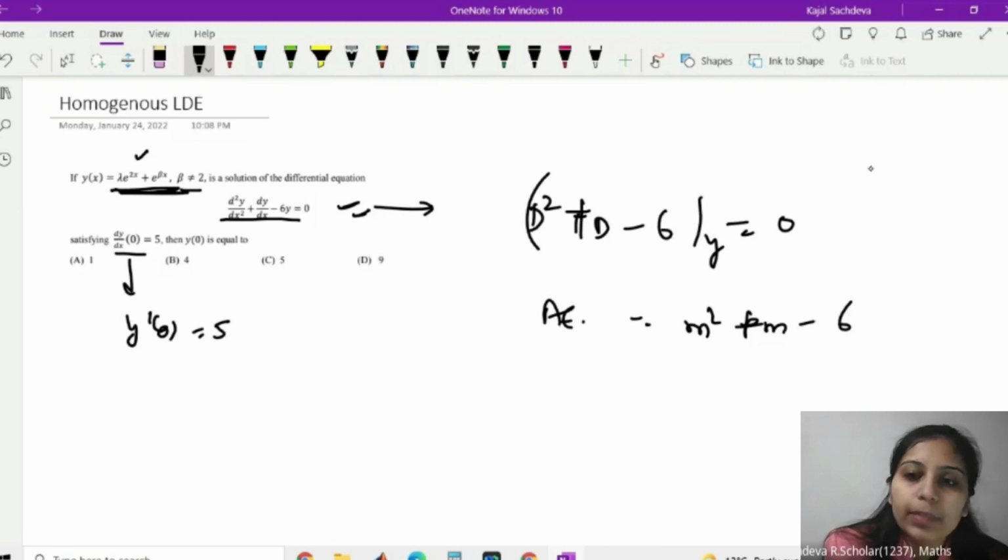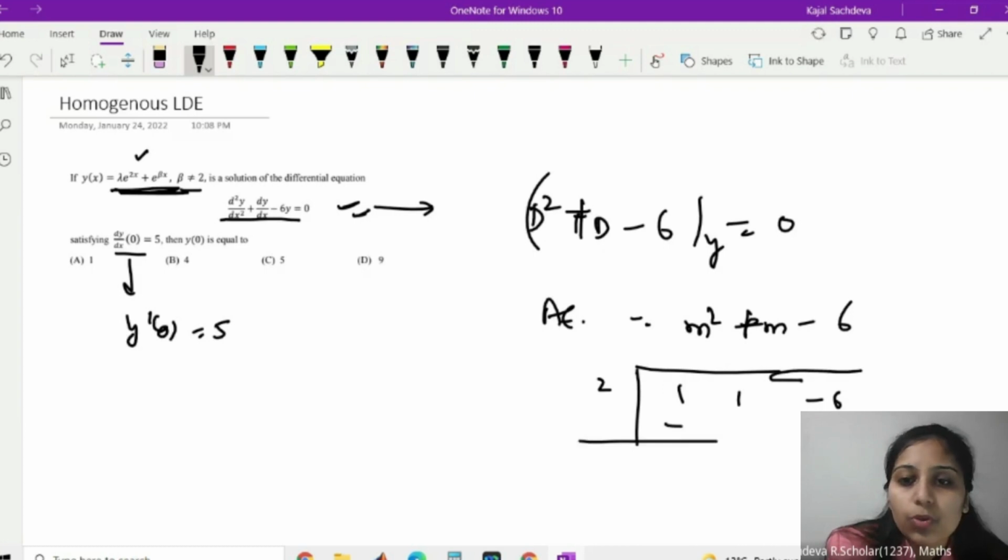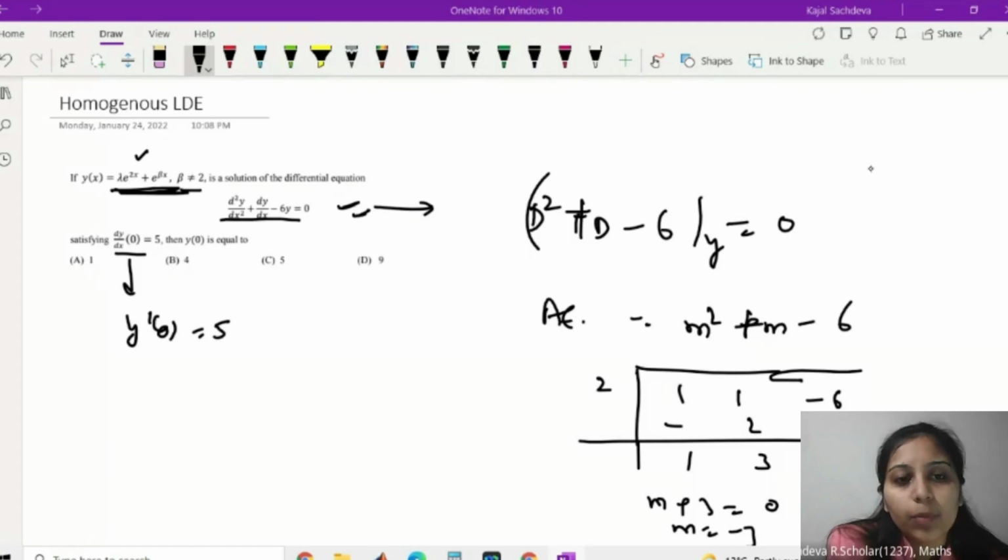One root must be 2, so just apply synthetic division. When one root is 2 already known, so 2, 3, 3 to the 6, 0. The next root is m plus 3 is equal to 0, m is equal to minus 3. So in a very quick way, we get both roots. One is 2 and another is minus 3, real and distinct roots.